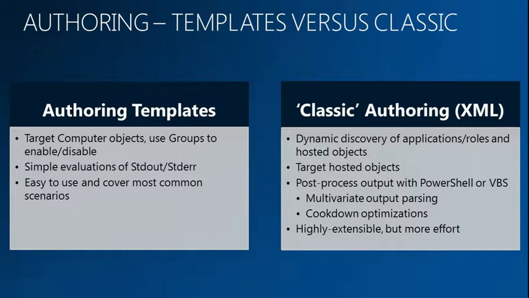Also, one thing that comes up that we've talked to a number of customers about is parsing complex output. Your command or script that gives you status on an application or subsystem is kicking out a big XML file, and you want to parse that because you can use it to drive multiple rules and monitors.